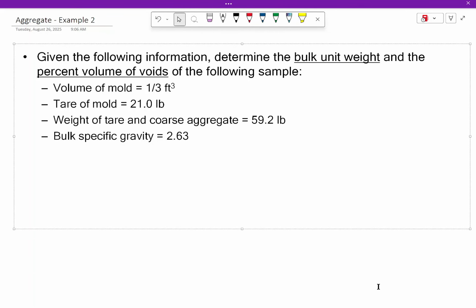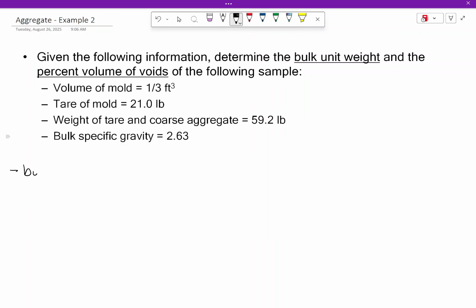So I have a mold that has this volume and this weight. I've weighed both this and this together, and I know what the bulk specific gravity is already. Let's see if we can reason through this, because again, I think you'll find this is a pretty straightforward computation. Let's work through this first part.